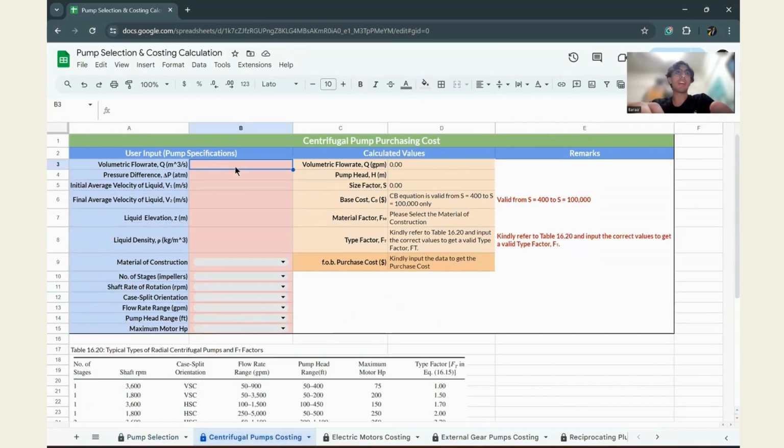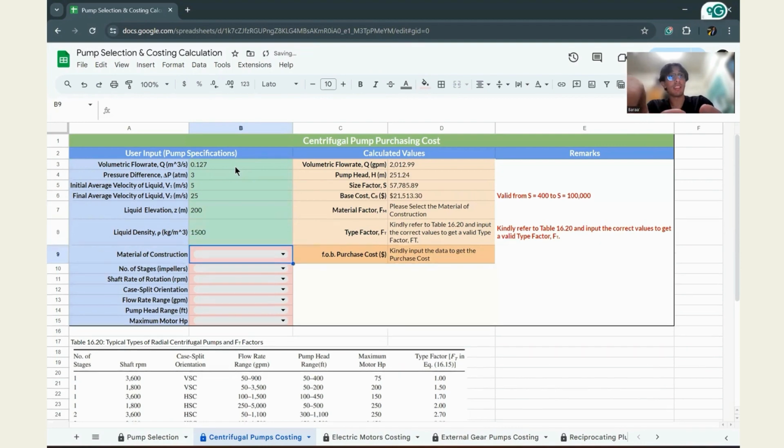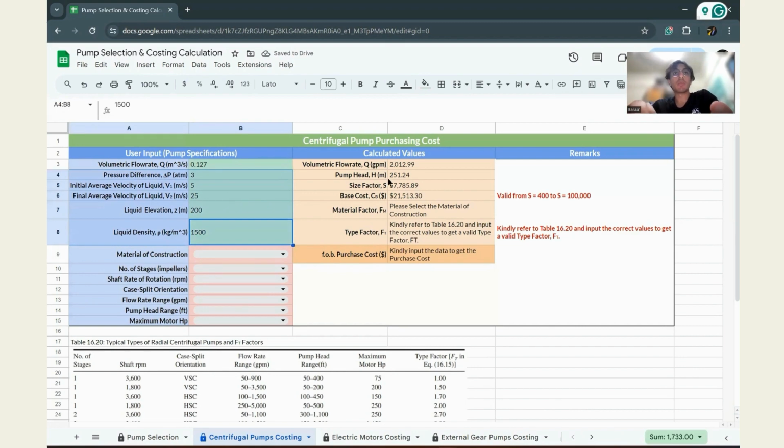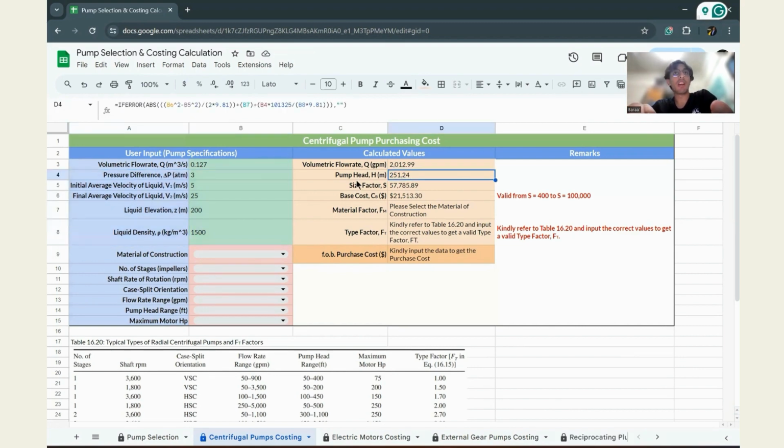So maybe we can use the same numbers from just now that suggested the centrifugal pump: 0.127, 3 atm, 5 to 25 meter per second, 200 elevation, and 1500 density. Basically, those inputs are very important because they will calculate the pump head, which is a very important criterion and calculation that will help us in the costing calculation later on as well.